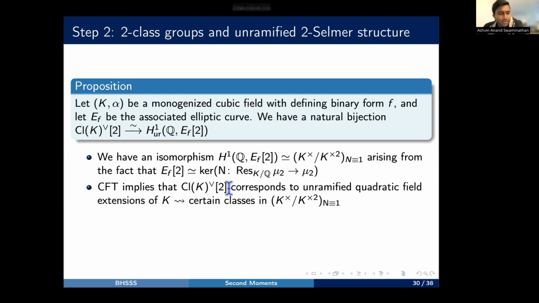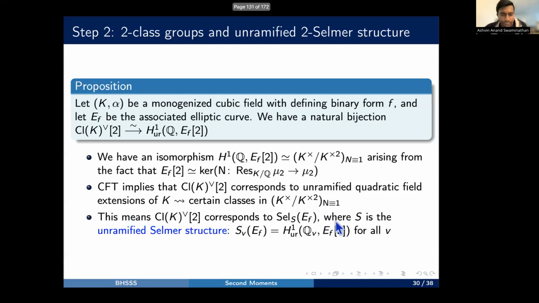Now, class field theory implies that this dual of the two-torsion of the class group corresponds naturally to unramified quadratic field extensions of K. And then those field extensions correspond to classes in this group K cross mod K cross squared of square norm. And if you translate what the unramified condition means in terms of these classes, you get precisely the unramified cohomology classes.